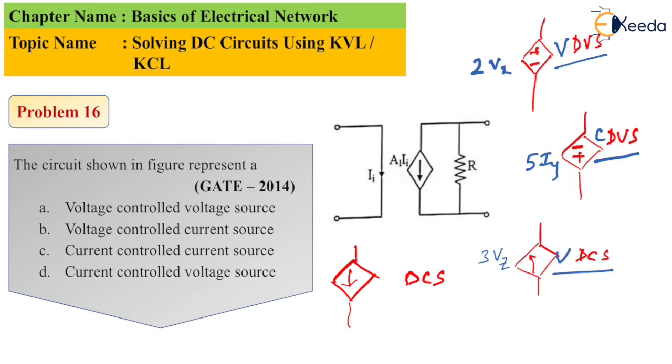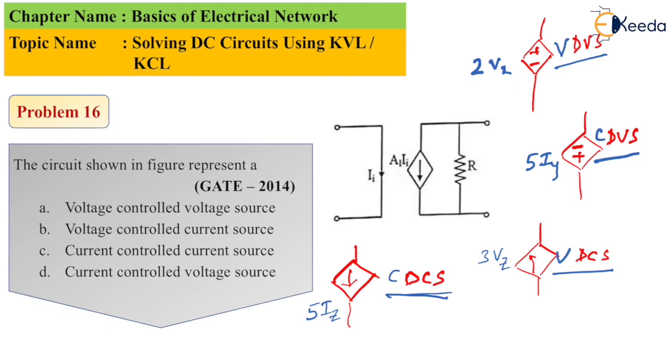Whereas in the fourth type, if I assume the magnitude of this as 5 times, let's say, Iz, it means the value of this current source depends upon the value of some other current, and therefore the first alphabet becomes C. So in effect it becomes CDCS, stands for current dependent current source.